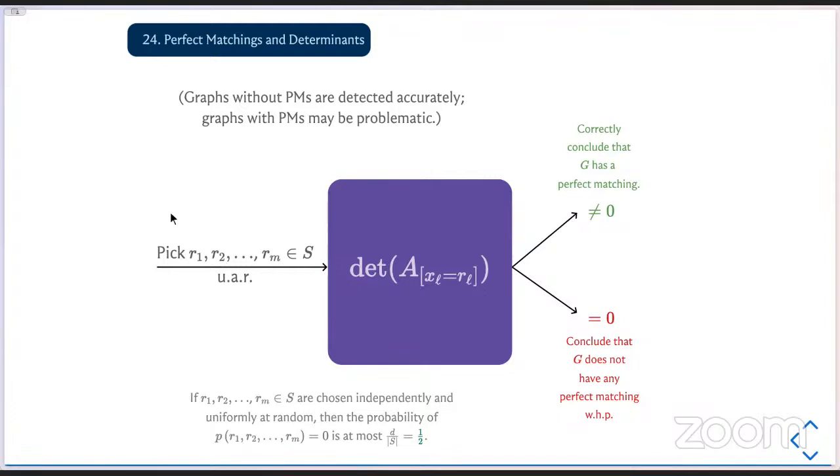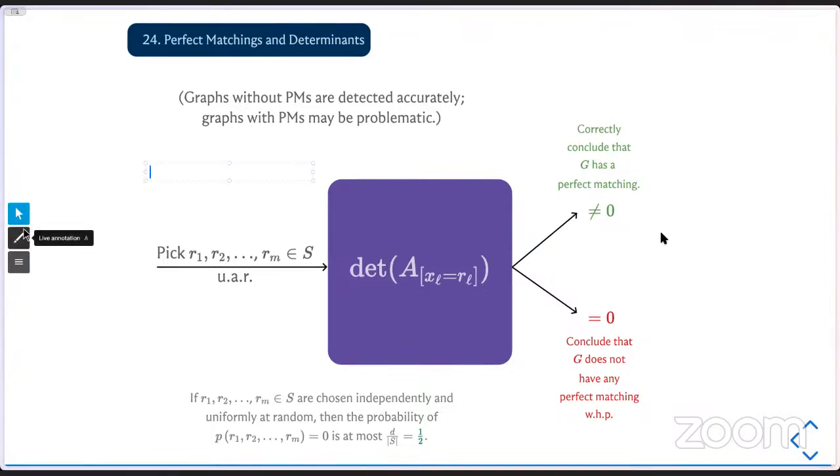I want to be able to avoid zeros. In case I have a non-zero polynomial, I want to avoid zeros with probability at least half. So I want the number of roots, the number of landmines in my space, to be at most half the entire space. I know that my d is n.